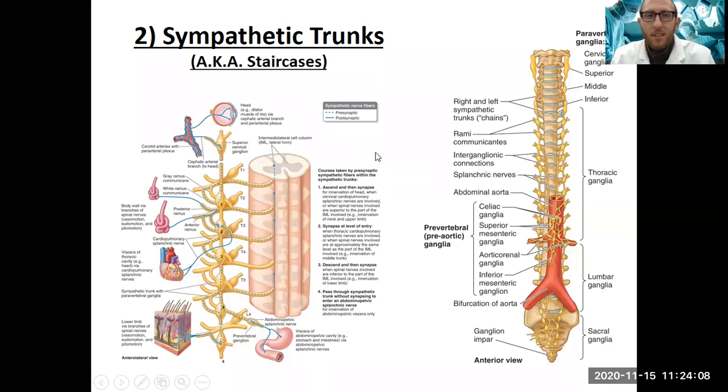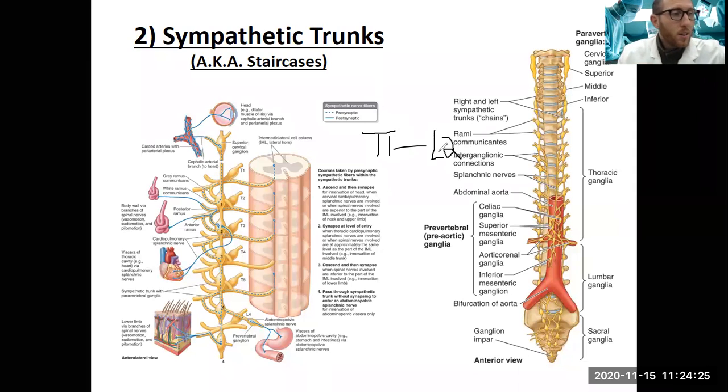Well, the answer is it originates from the levels T1 to L2, meaning spinal cord levels T1 to L2 are going to have the origin of the sympathetic nervous system.